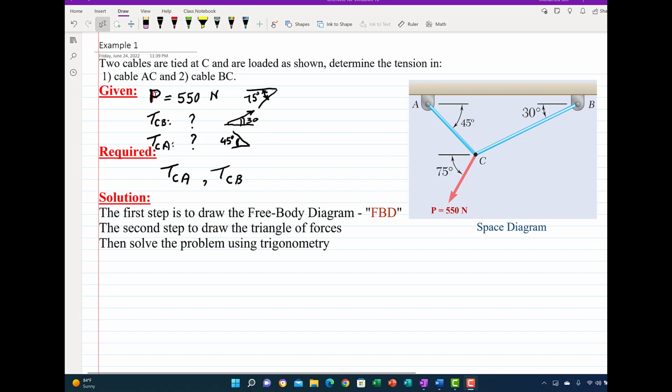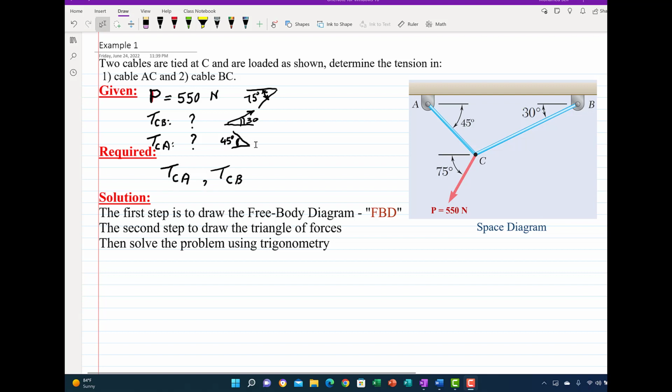I have a tension in the cable CB making 30 degrees with the horizontal, and another tension CA making 45 degrees with the horizontal. But the two values of TCB and TCA are unknowns. Now we would like to calculate the tension in CA and the tension in CB in the two cables.